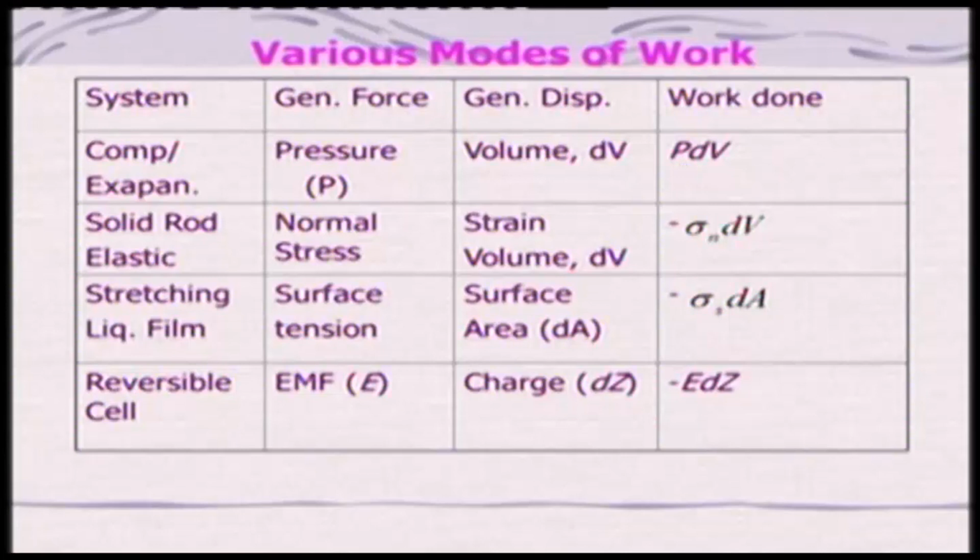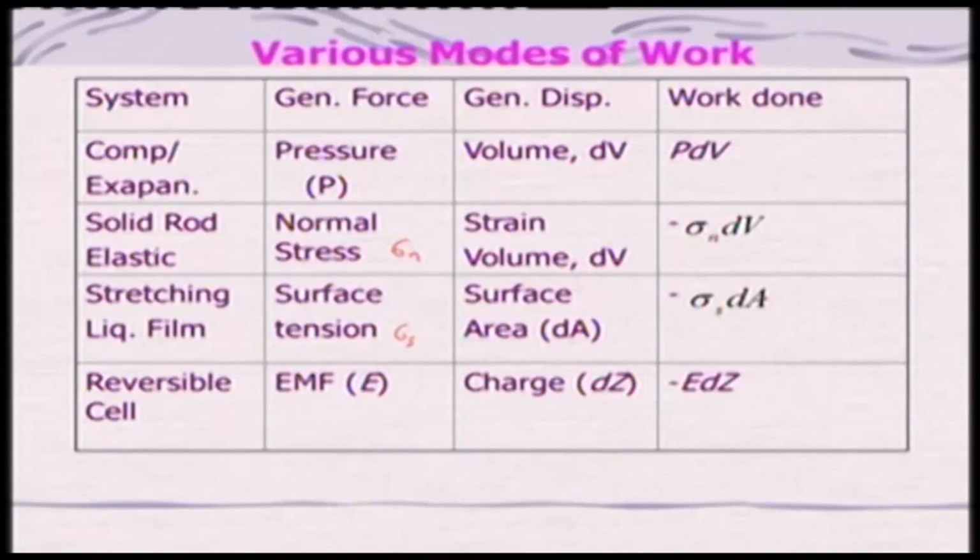In the case of a solid rod, which is elastic in nature, in the elastic regime, we can talk of the normal stress and the strain volume change, so we get sigma n dV. And we have also seen the stretching of a liquid film, with the surface tension force per unit length, where surface area comes into the picture, and we get sigma s dA.